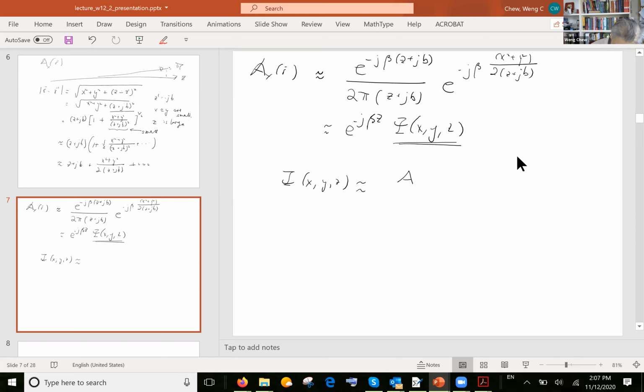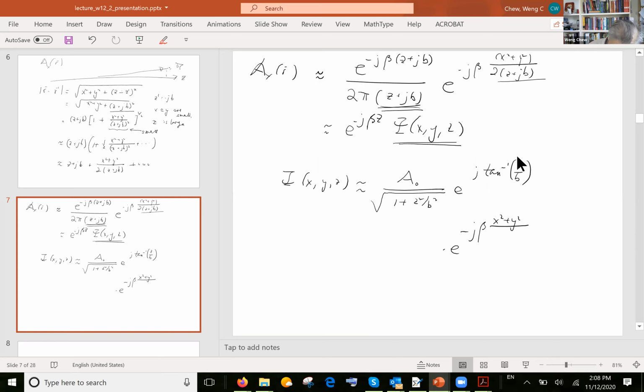A constant. The constant need not be the same as before. And then I can write this as z squared over b squared, because I can also write this as the magnitude times the phase, e to the j arctangent of z over b. And then I'm going to write this exponential function in terms of e to the minus j beta, a real part and an imaginary part.